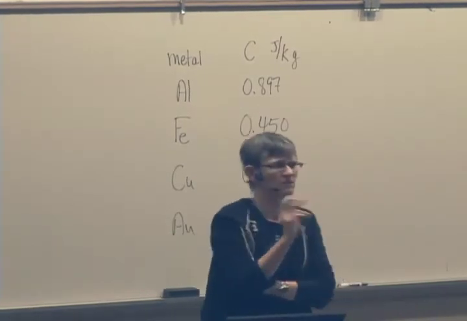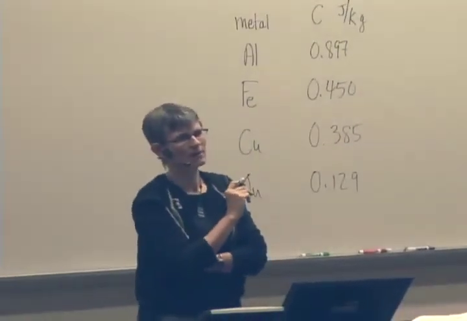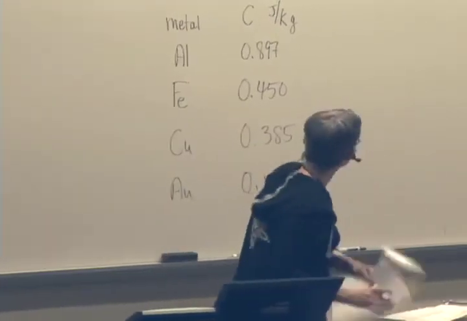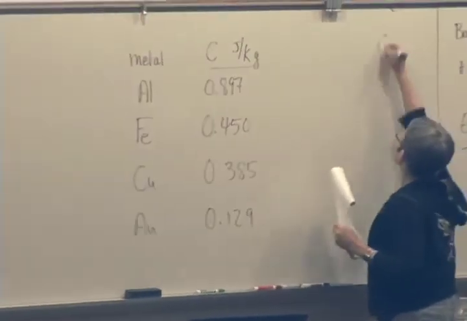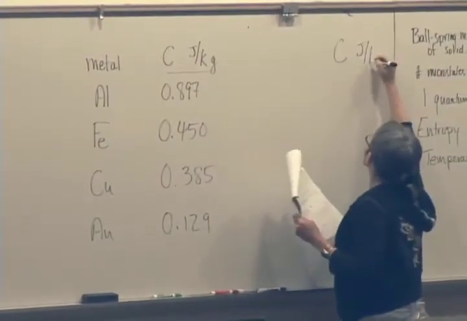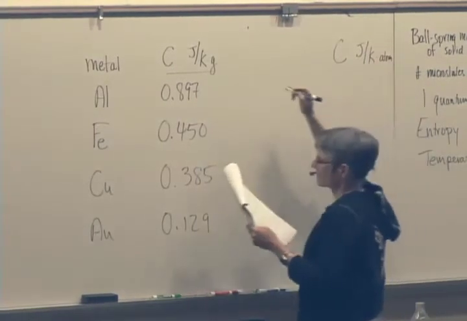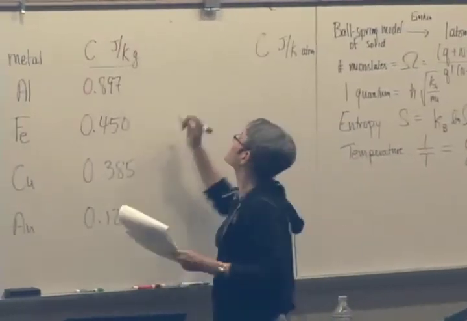But we've been calculating by gram. I wonder what we'd see if we calculated on a per atom basis. So let's convert this. Instead of joules per Kelvin per gram, we want heat capacity in joules per Kelvin per atom. So what we need to do is figure out how many atoms are in a gram, right?